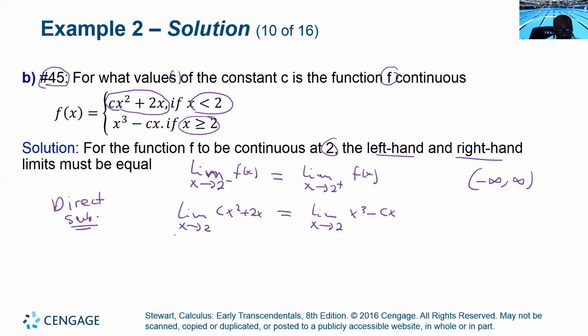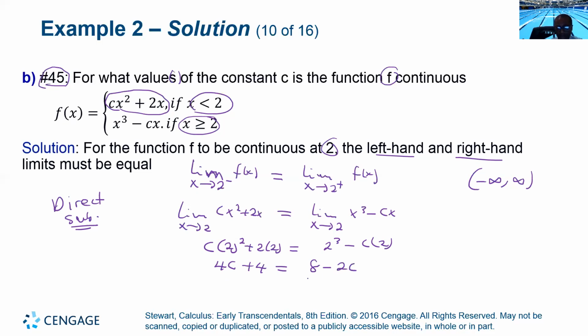So if I substitute 2 for x, then I have c times 2 squared plus 2 times 2 is equal to 2 to the third minus c times 2. Okay, so this will give me 4c plus 4 equal to 8 minus 2c.